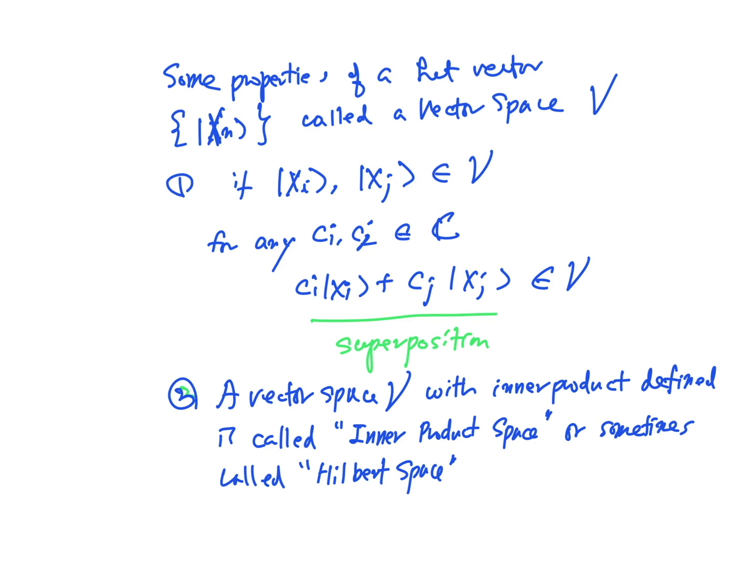So inner product space or Hilbert space is a particular vector space with the inner product defined. But actually there is a small difference between inner product space and Hilbert space, but at this stage you don't have to worry about the small distinction.